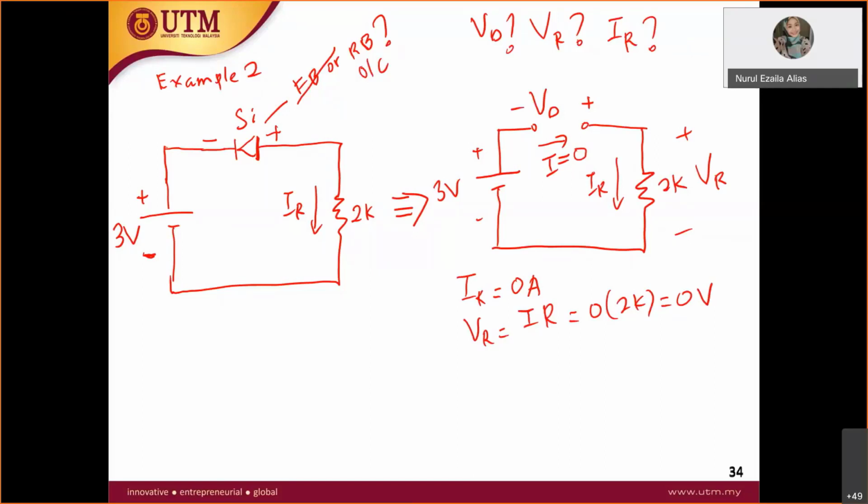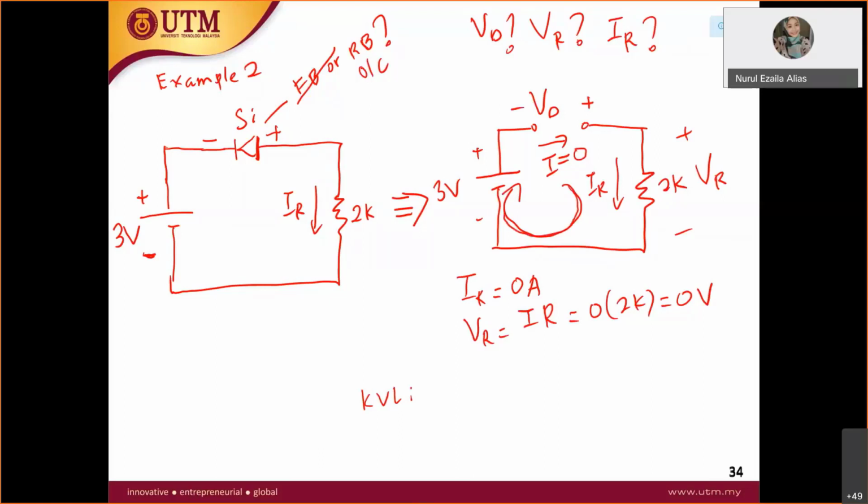Now you need to do KVL across this loop. But if you can see straight away, you know that VD equals negative 3 volt. If you cannot see, then you can apply KVL across this circle loop.